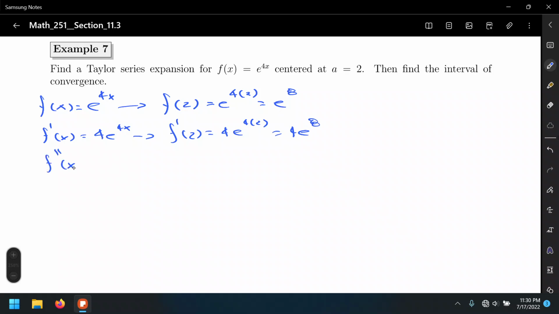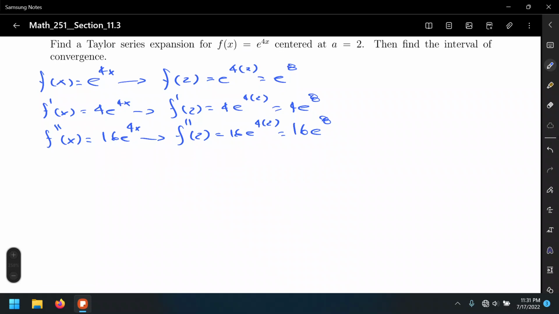f double prime of x equals 4 times 4, which is 16, e to the 4x. f double prime of 2 is 16 e to the 4 times 2, which is 16 e to the 8.